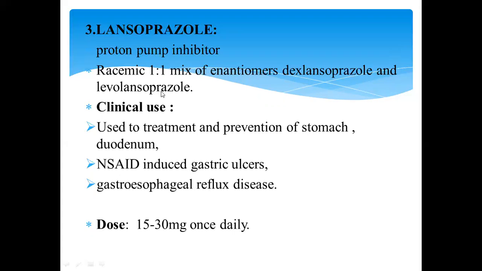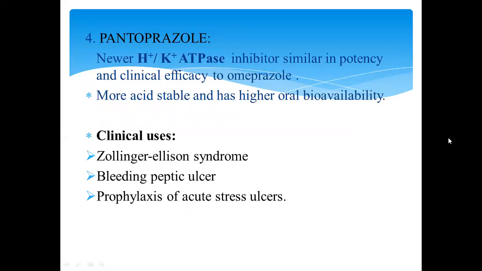Dexlansoprazole is the enantiomerically pure active ingredient of the commercial drug as a result of enantiomeric shift. Clinical uses: used in treatment and prevention of stomach and duodenum ulcer, non-steroidal anti-inflammatory drug induced gastric ulcer, gastroesophageal reflux disease. Dose 15 to 30 mg once daily.